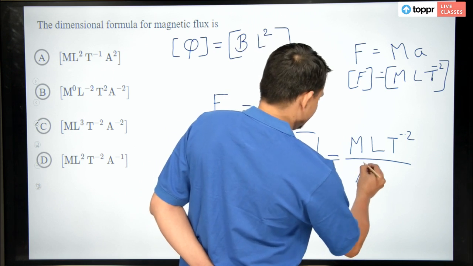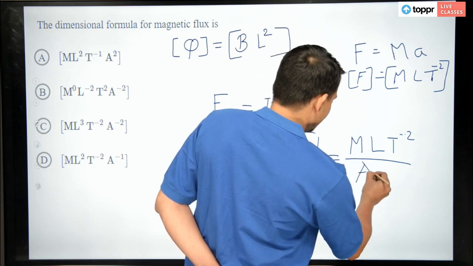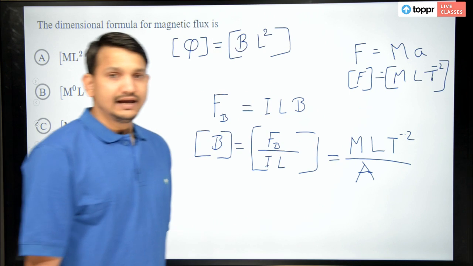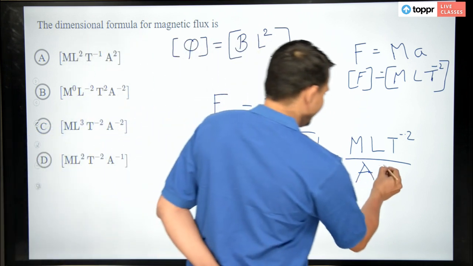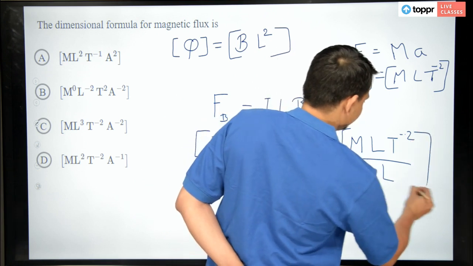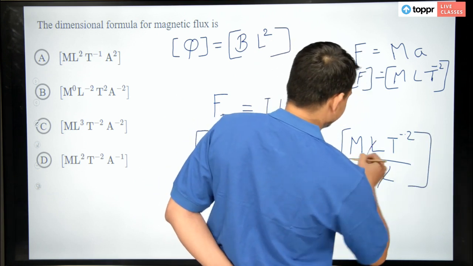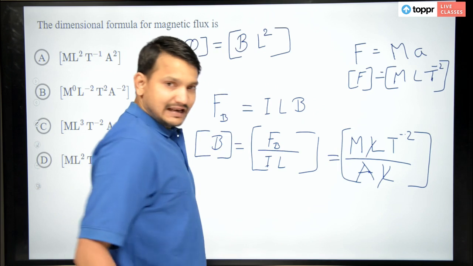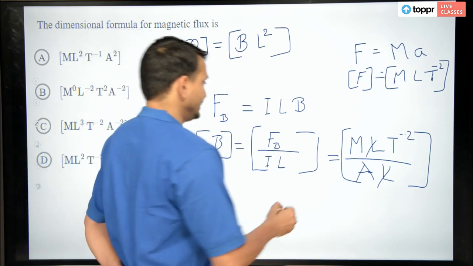So A and L. L is again length, we can cancel it out. L cancelled with L, so L will have a 0 exponent over it.